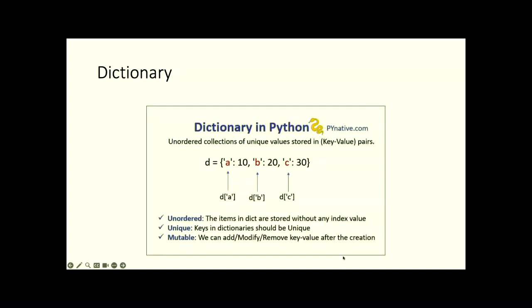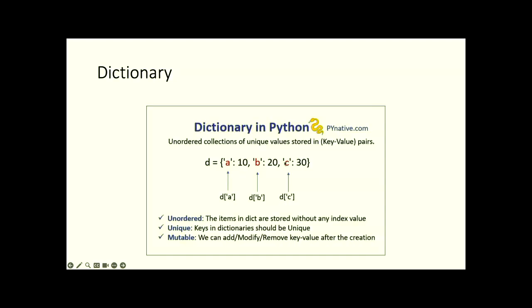We use curly brackets and colons to separate groups of key value pairs. So key A is 10, comma, key B is 20, and we can retrieve these.